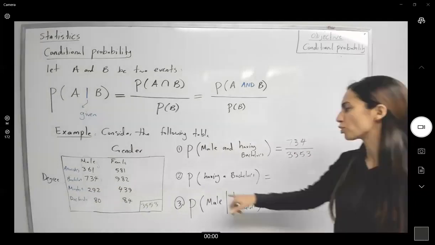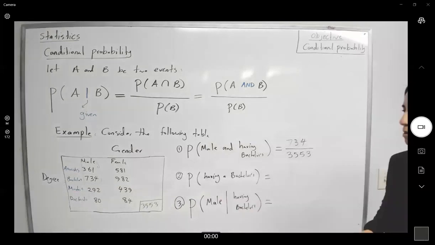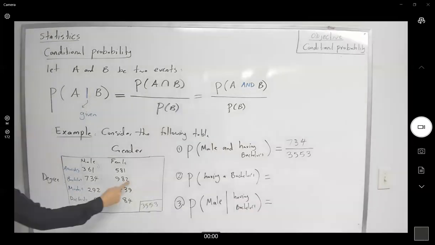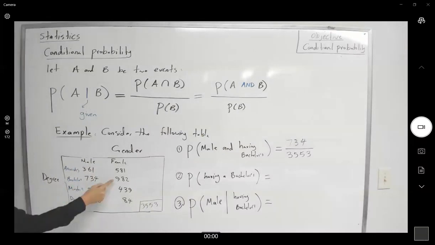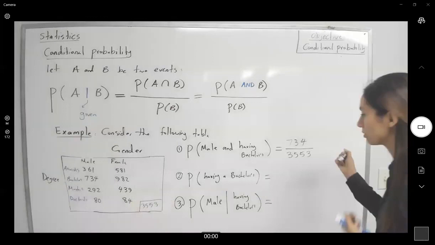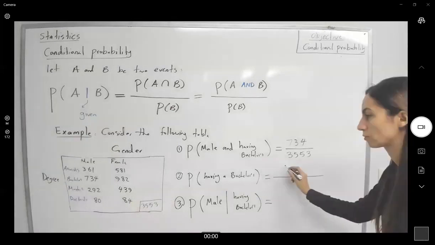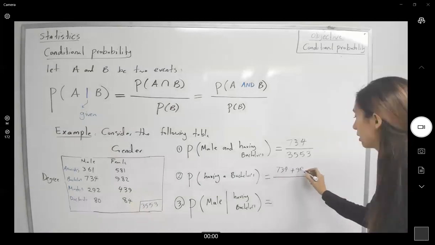What is the probability of having a bachelor's degree? So how many people have a bachelor's, male and female? You're looking for the total, the sum of 734 and also 982. This goes on my numerator, 734 plus 982.